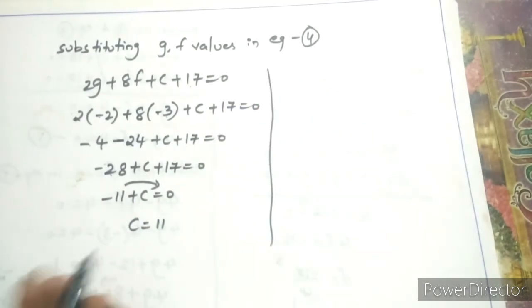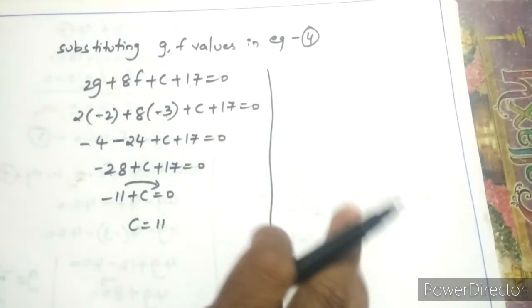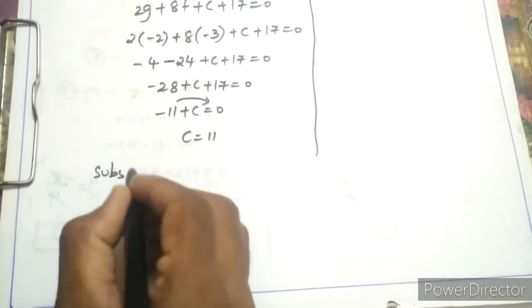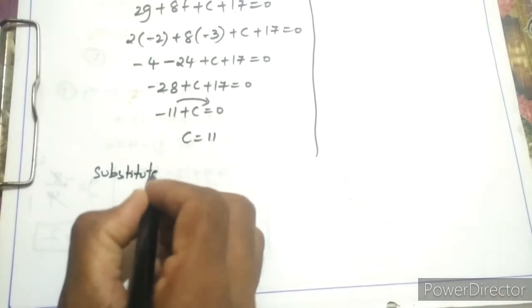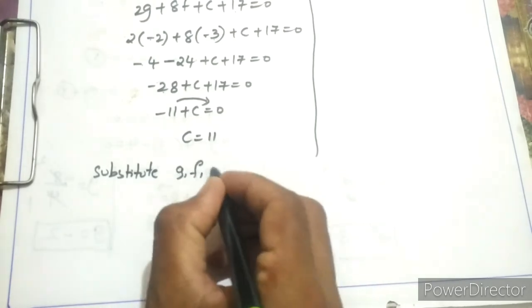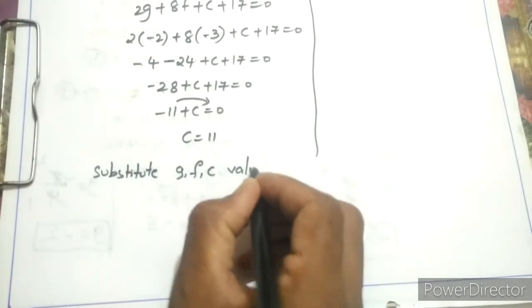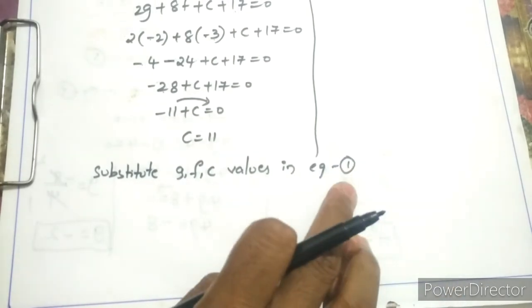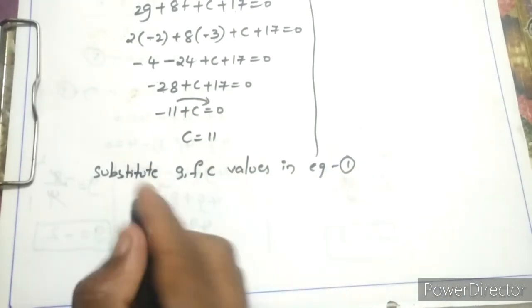So finally we have to substitute. We got the g value, f value and c value. Now see, substitute g comma f comma c values in equation 1. Why? Because equation 1 is our circle equation.